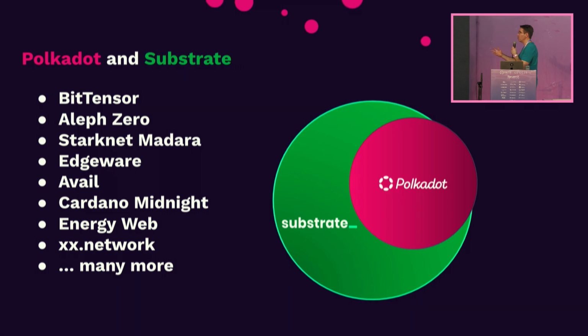Just a few of the other teams that are using the Polkadot SDK to build: BitTensor, Aleph Zero, Starknet, the Madara sequencer, Edgeware, Avail, the Midnight partner chain on Cardano, Energy Web. There are a lot of different projects that have said, well, hey, we're interested in building our own chain, but we're going to use Substrate because it is an extremely powerful way to create blockchains.